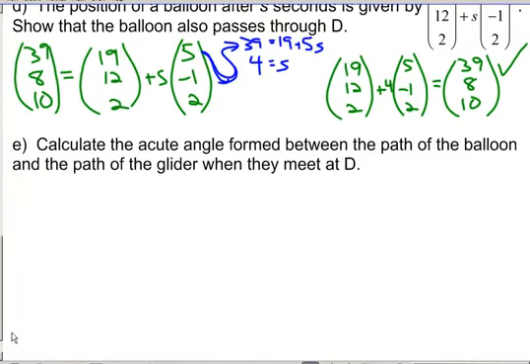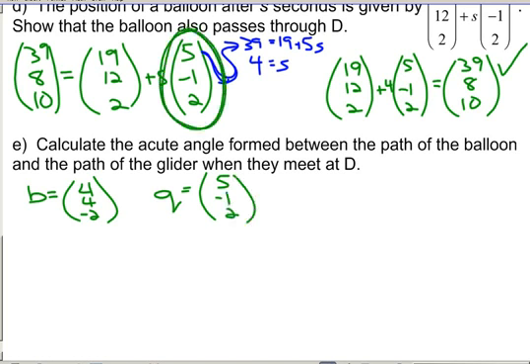So for Alberto, the direction vector, or velocity vector, would be 4, 4, negative 2. You could also have used 2, 2, negative 1, the initial direction. For the balloon, the direction vector, I'll call it Q, is 5, negative 1, 2. It's this one right here.